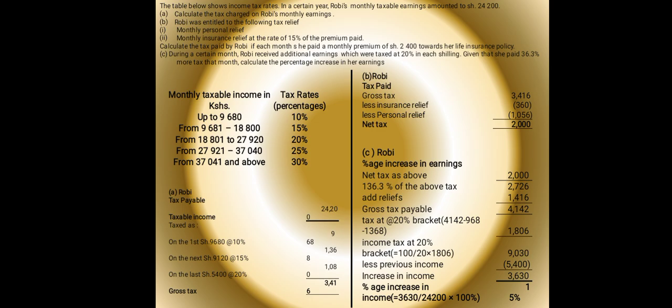Now here we are given the tax. So the increase in tax was at the bracket of 20. So we work back to get the income, and we find that the increase in income is 3,630. Now compare that with his previous income, we find that the increase was 15%.